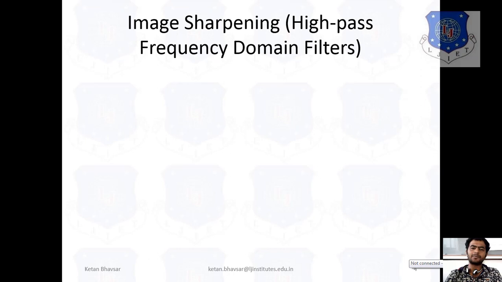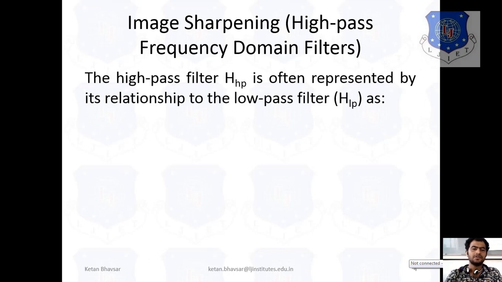Now image sharpening. As I told you, we have to discuss the high pass content, or high frequency content. The high pass filter H_HP is often represented by its relationship with the low pass filter that we already saw in the previous session. When we consider the high pass filter, we are removing the low frequency content.